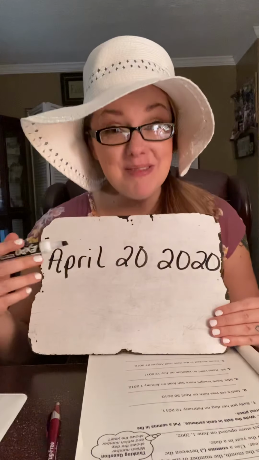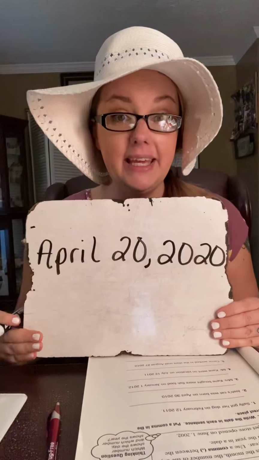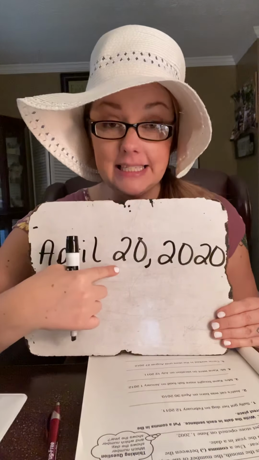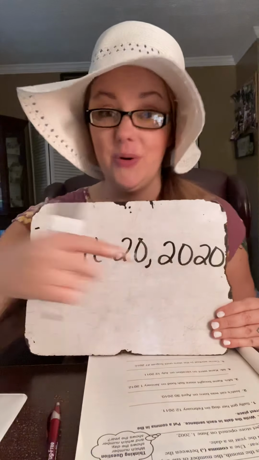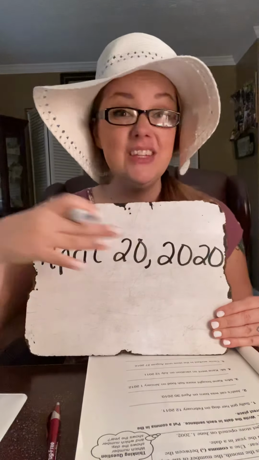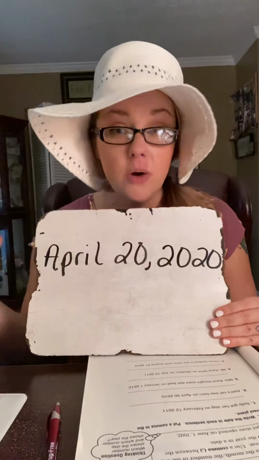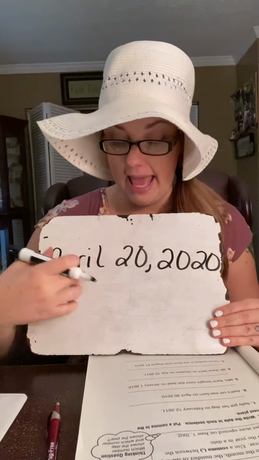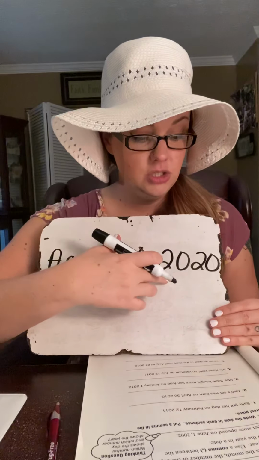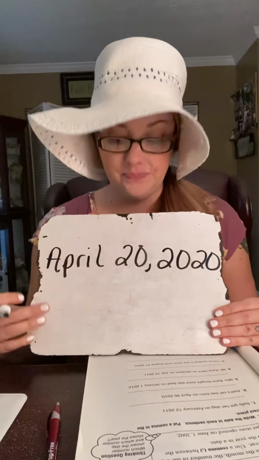So, we have to put our comma separating our date from the year that we're in, because if not, we're making this ginormous number and people are going to get confused. So we don't want that. So this says now April 20th, 2020.